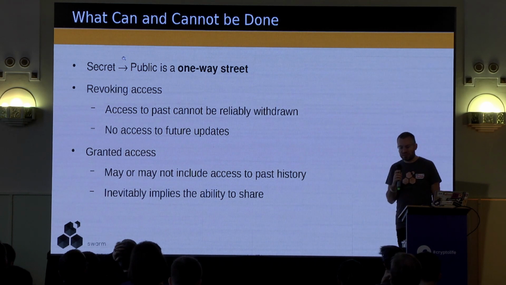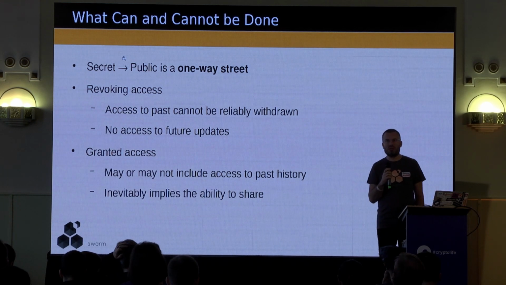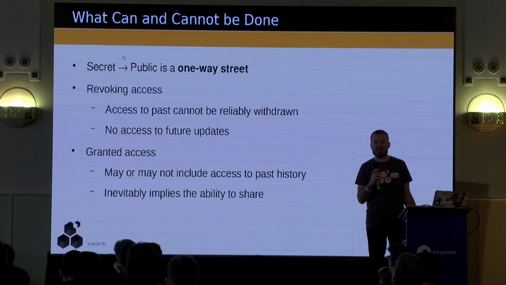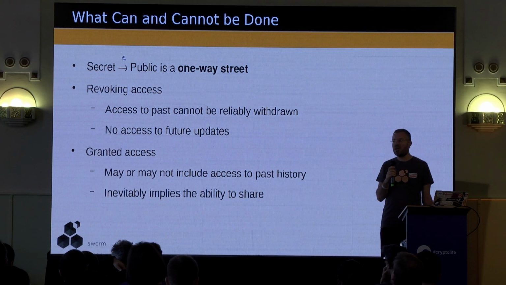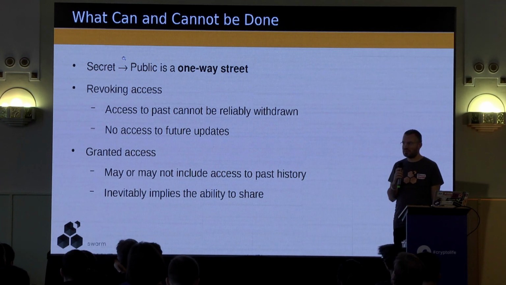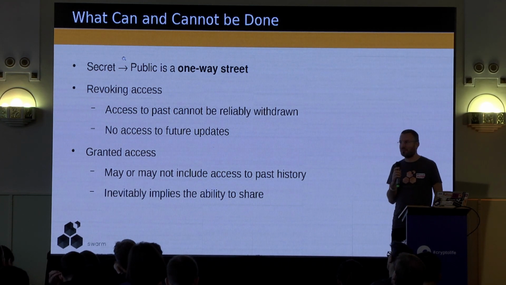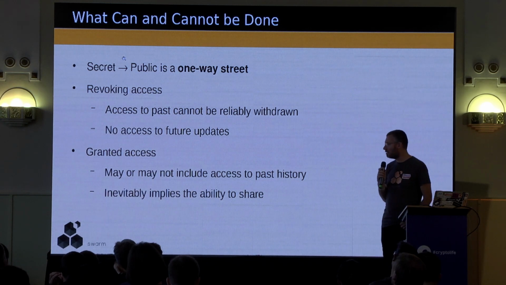In case of granting access, it may or may not include the ability to read the past history. So that depends on what exactly is in the new data and whether the new versions have references to the past versions. So that is up to the designer of the distributed applications whether they include that.